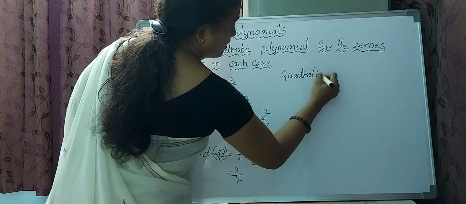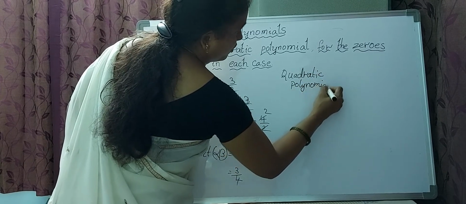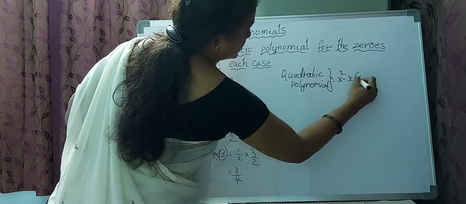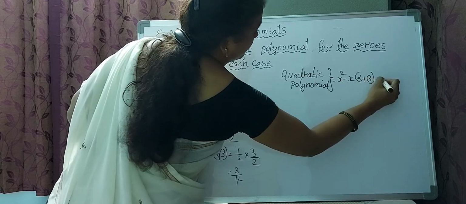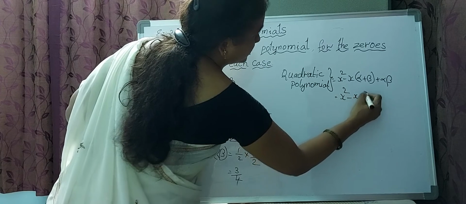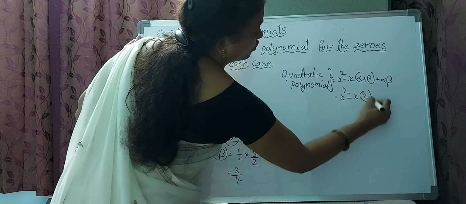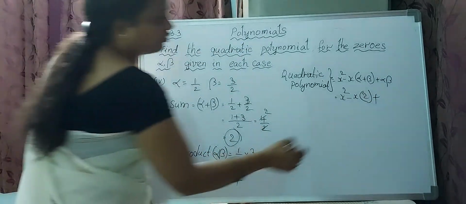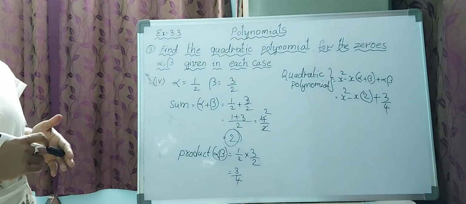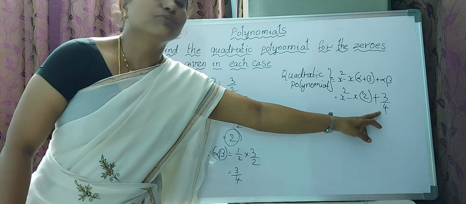What about the quadratic polynomial? It is x square minus x into (alpha plus beta), which is 2, plus alpha beta, which is 3 by 4. Here it is not a polynomial, because we should not have denominators or fractions.